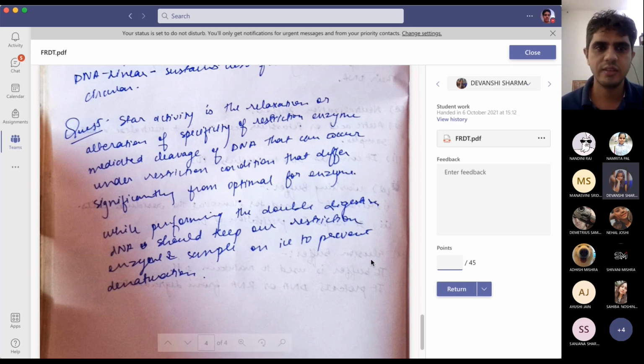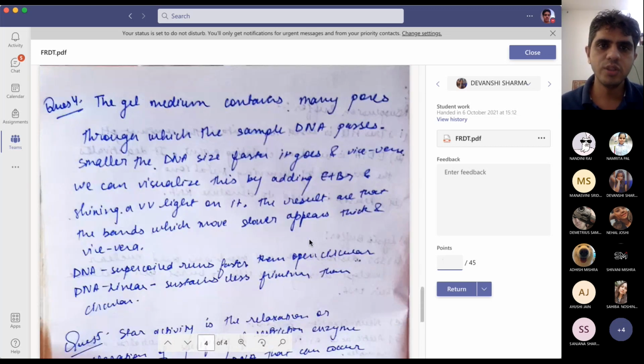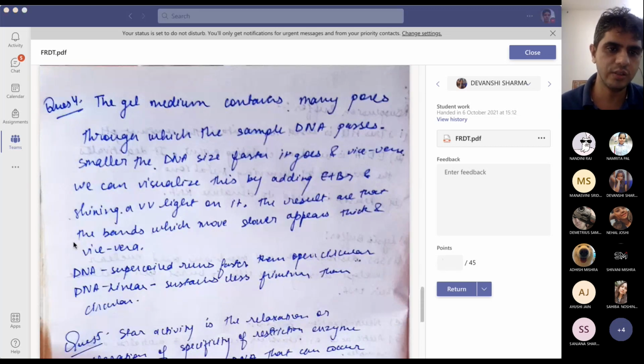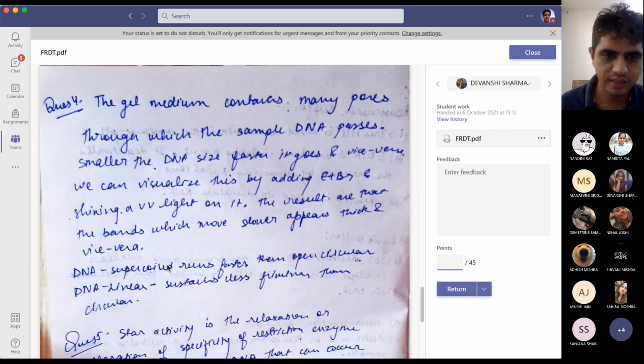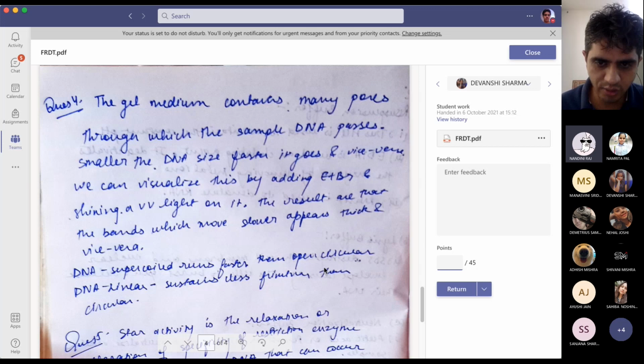Sir, question 4. Question number 4, if you read the question, it says explain why they run differently. So you didn't write why they're running differently. Whatever you have written, I already asked this. Can you read what is written? Supercoiled runs faster than the open circular. DNA linear sustains less. What is it?